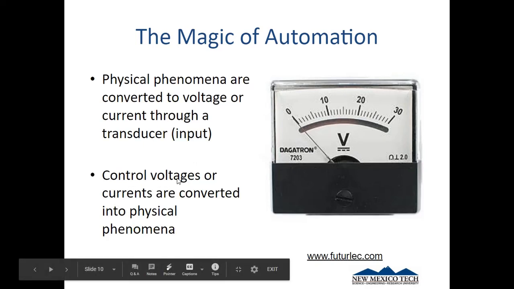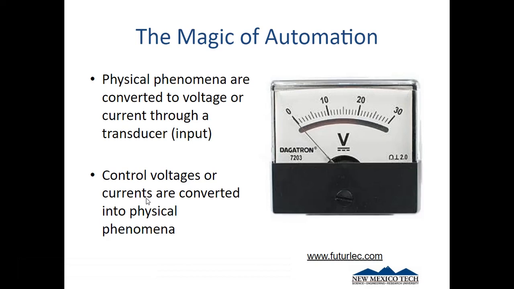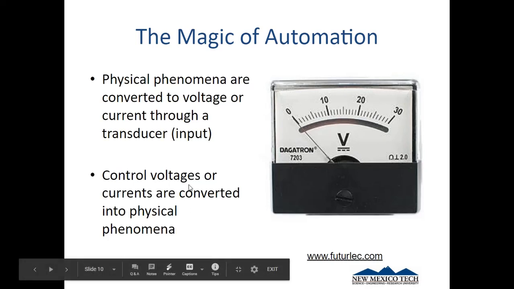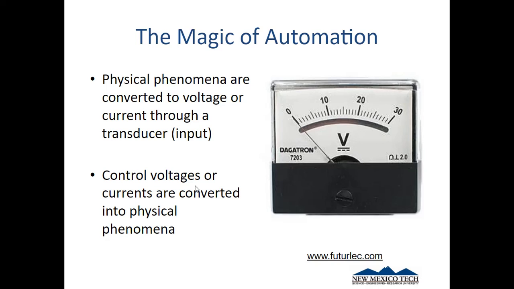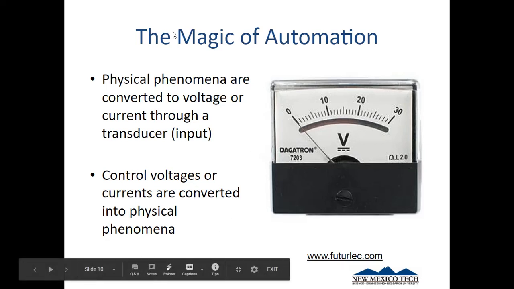Then once we've received that signal, our computer or our instrumentation hardware will turn around and send a control voltage out to some other device that will convert that signal into some sort of physical change. So maybe we send a control voltage to a solenoid that opens a valve. That's basically how all of this comes together.